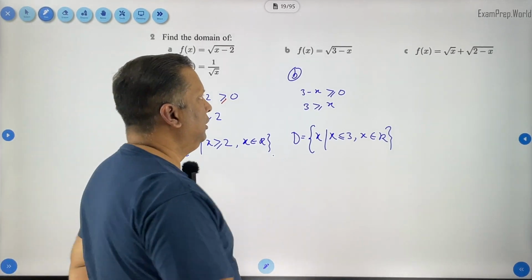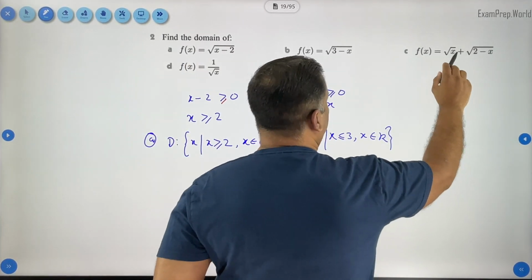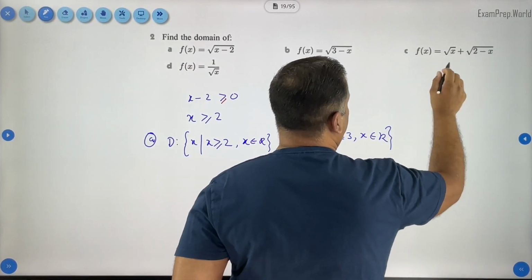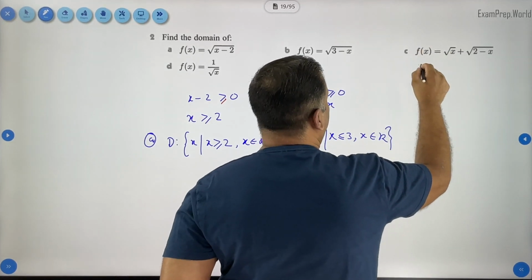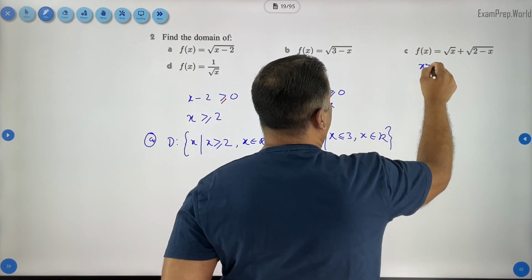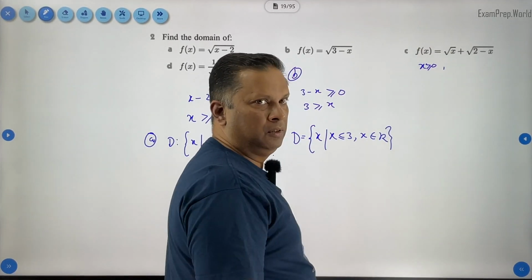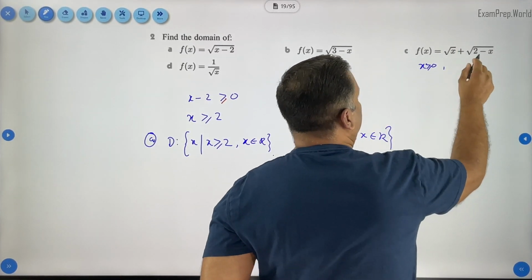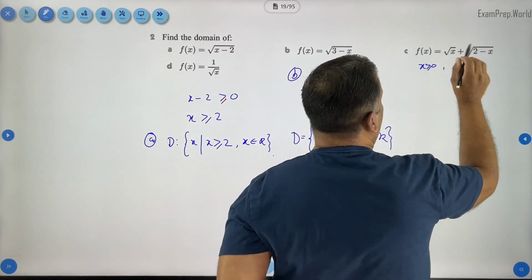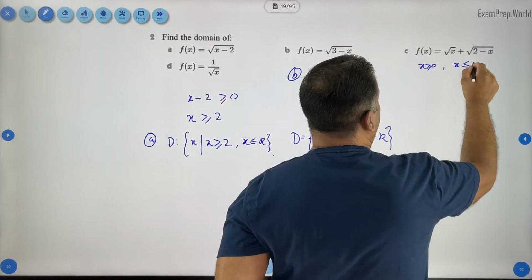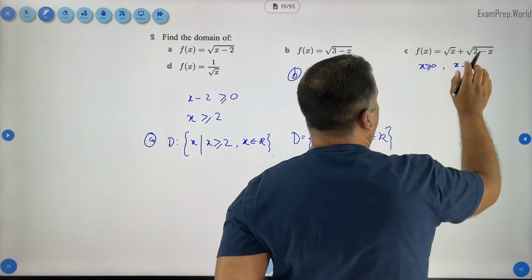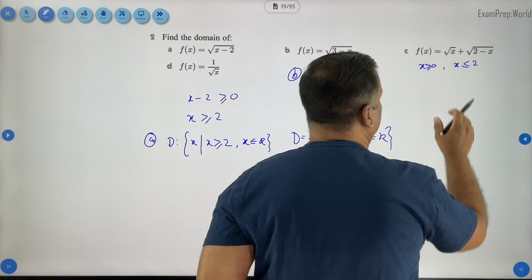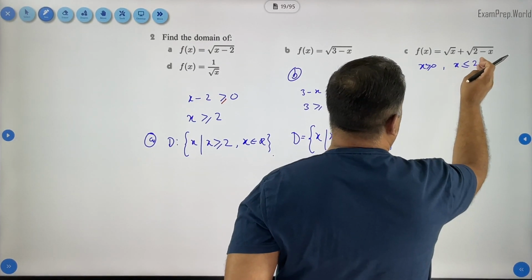Now here it's a double thing, root of x and root of 2 minus x. So for this one, x should be more than or equal to 0, one of them, right? And here x cannot be less than 2. x should be more than or equal to 2.